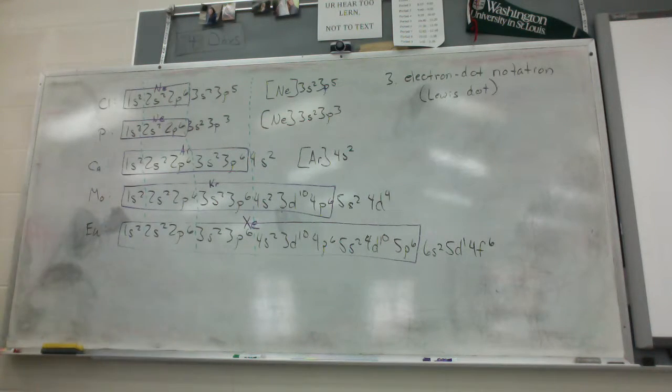Now, this has a limitation. The electron dot or Lewis dot notation has a limitation. It only is useful for the representative elements. Lewis dot notation or electron dot notation is only useful for the representative elements.